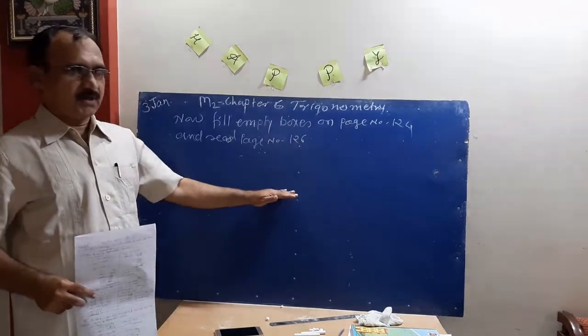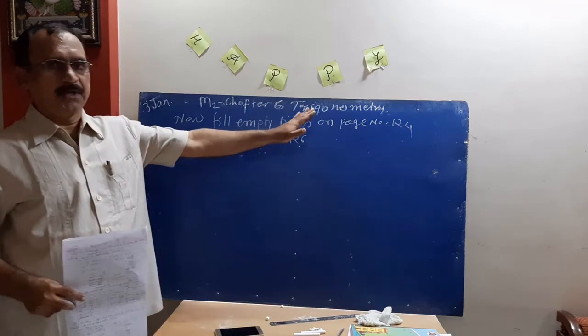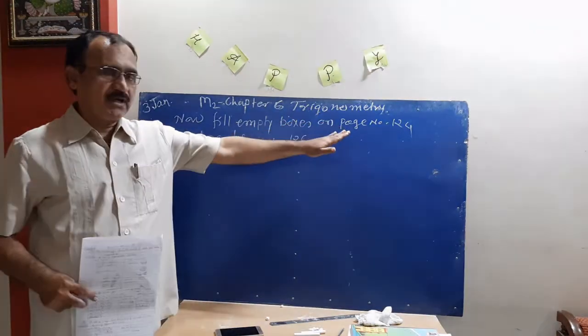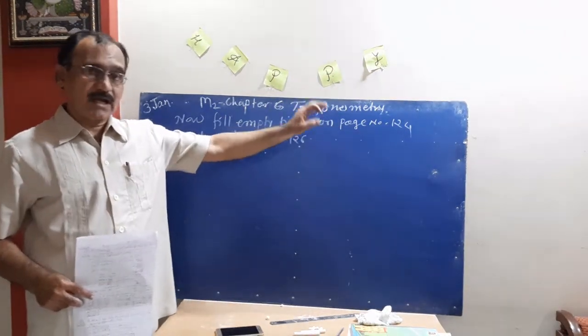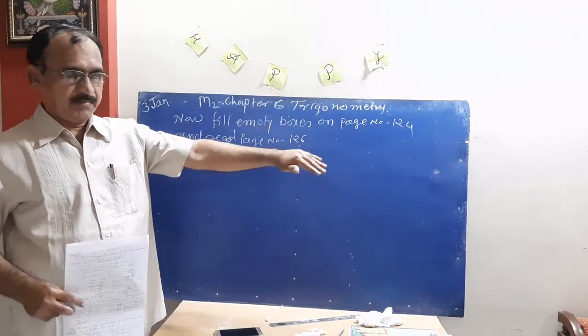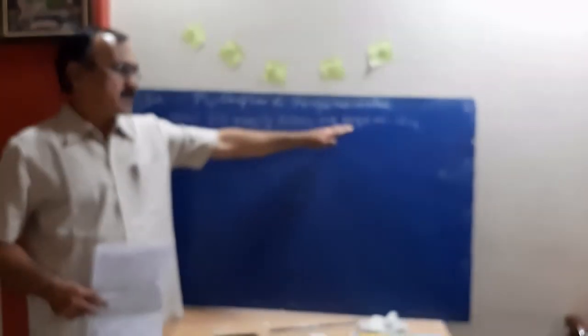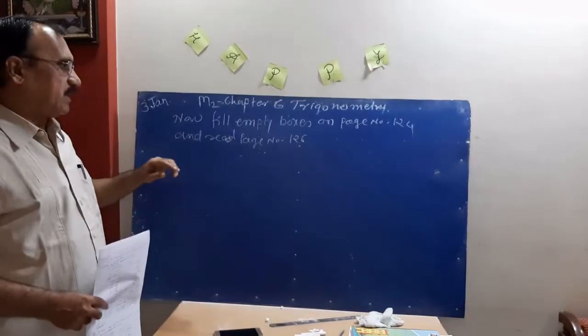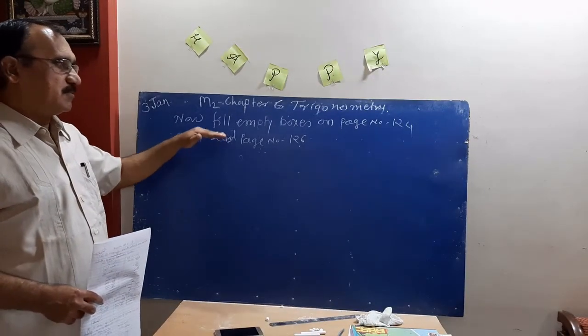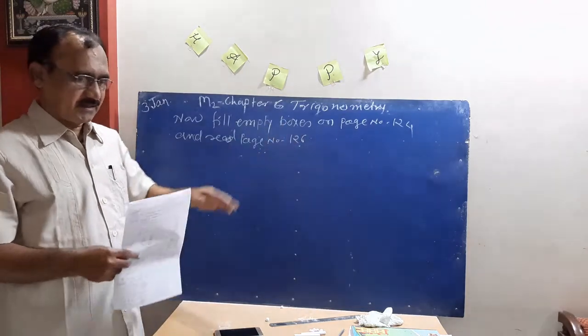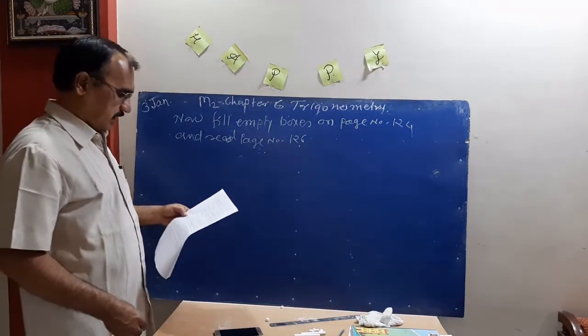Up to this topic, you can fill all the empty boxes on page number 124. This page is the starting page of this chapter. You can fill all the empty boxes with the help of this topic.